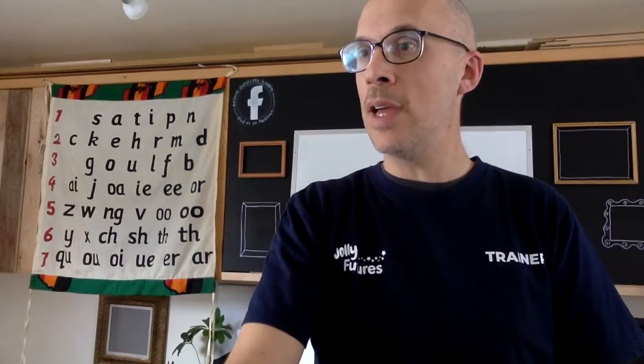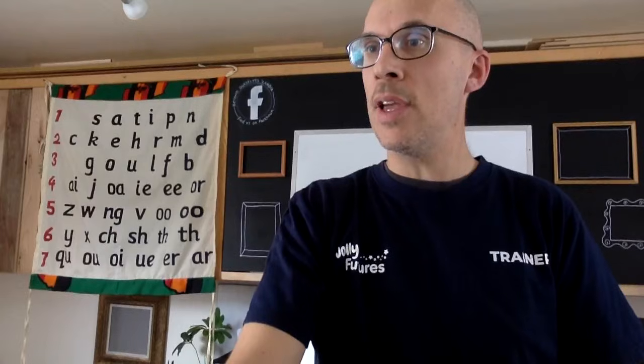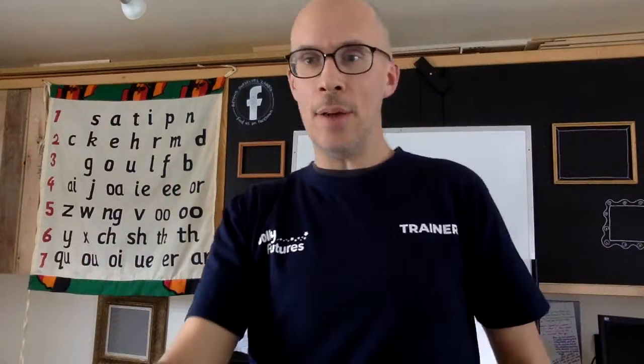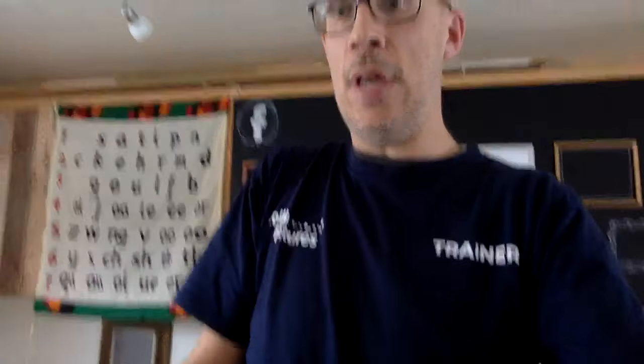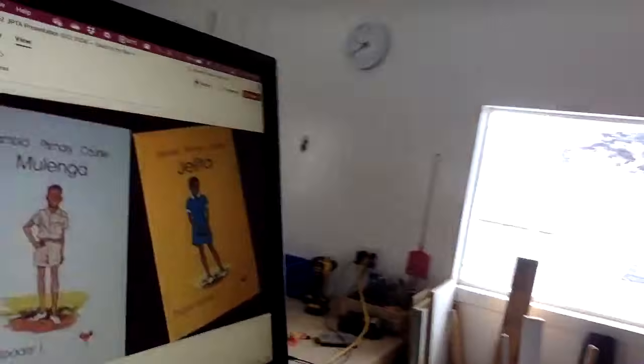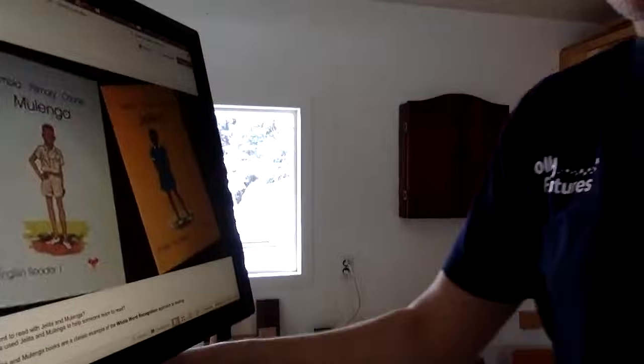So, for instance, let's have a think about some of those examples. I've got a story here. You're not going to be able to see it. Maybe you can see my other screen if I do this. Okay, let's look at this.